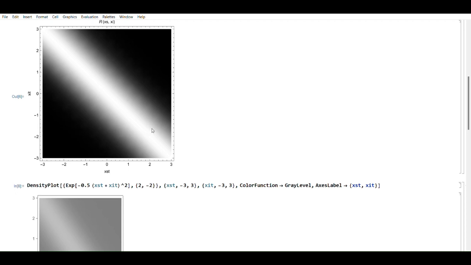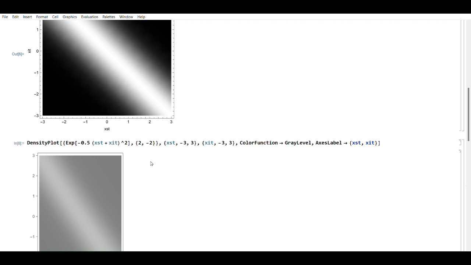Anyway, what I wanted to just show is that if signal is at 2, then the idler value is minus 2.